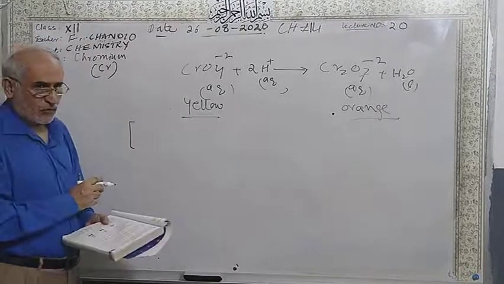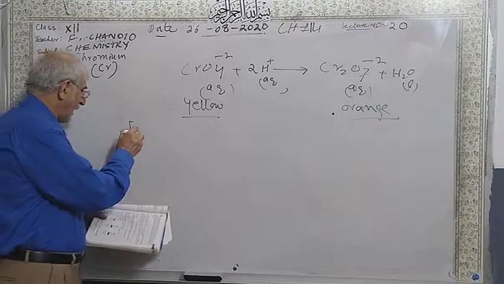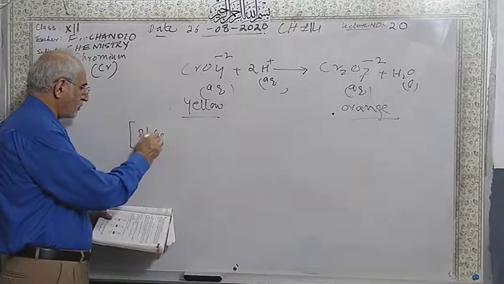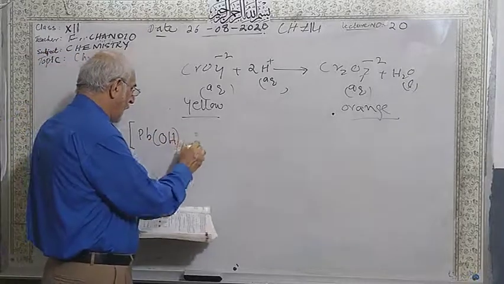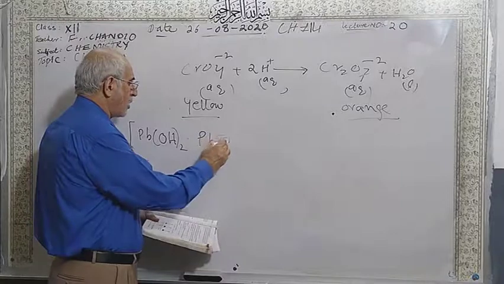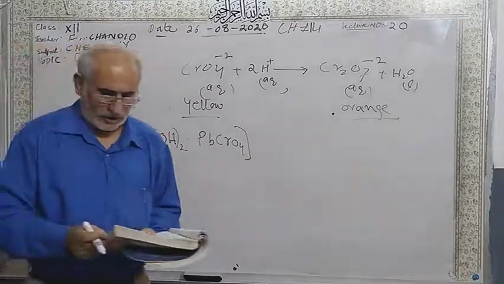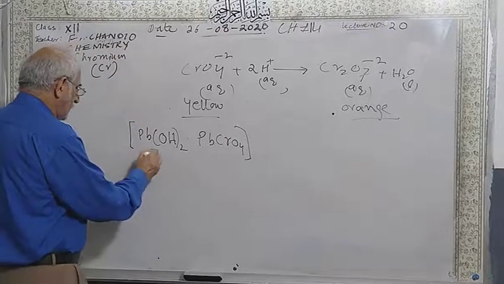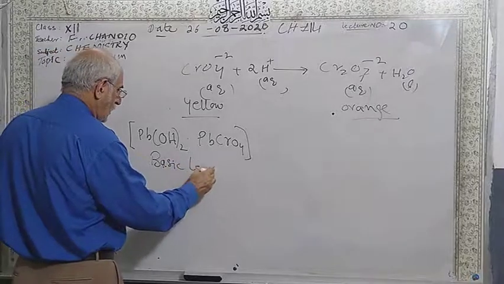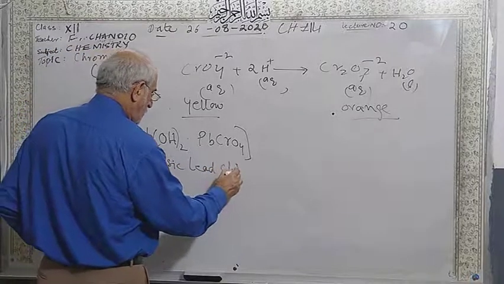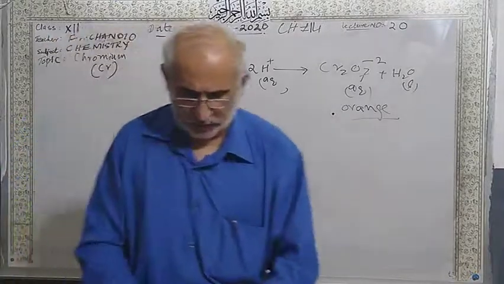It is a complex of two small compounds, lead hydroxide and lead chromate. This is called basic lead chromate.